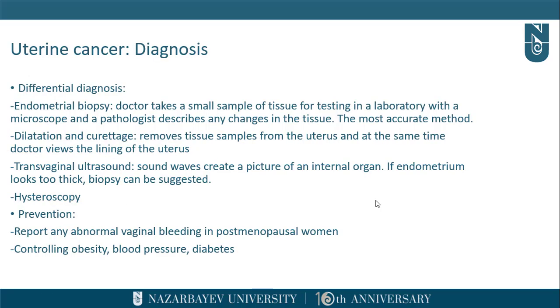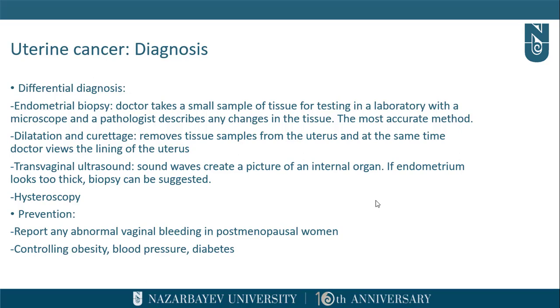How can we diagnose it? It's by a transvaginal ultrasound, which means that sound waves will give us a picture of an internal organ, and a specialist can tell if it looks very thick, then he or she would advise a biopsy.